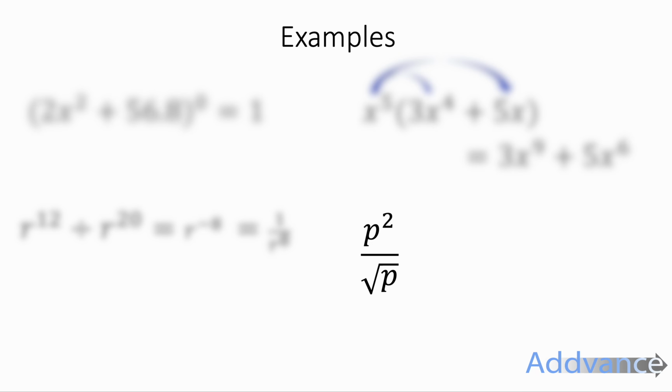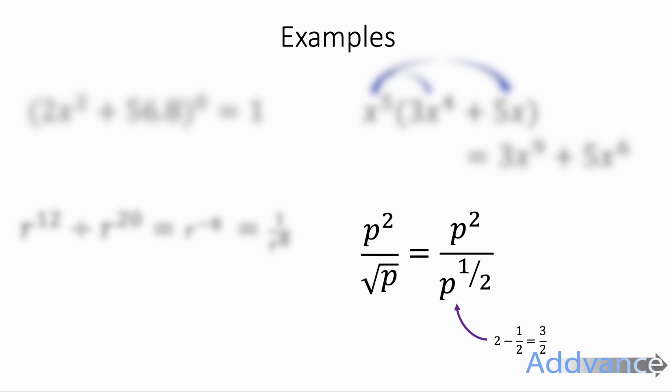And then finally, we've got this question here, p squared divided by the square root of p. Well, p squared will keep that the same, but the square root of p we can write as a power. Do you remember that the square root of p is p to the power 1/2? Okay, that has helped because now we can subtract the powers because we're dividing.